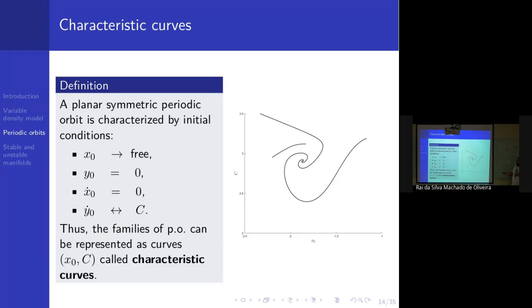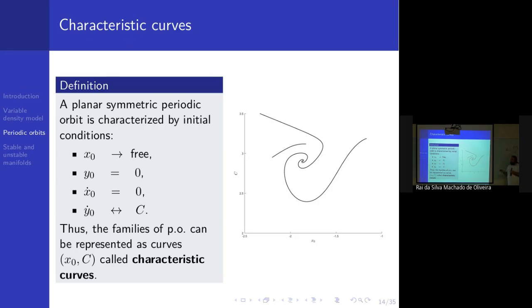But in the literature, they are usually represented, or interchanged, better said, with the Jacobi constant, because we said that the Jacobi constant is a natural parametrization of families of periodic orbits. So we usually change the value of the velocity in the y-axis for the Jacobi constant.